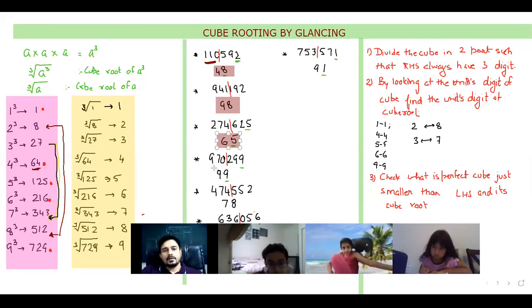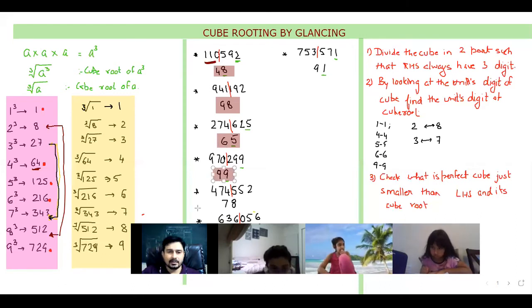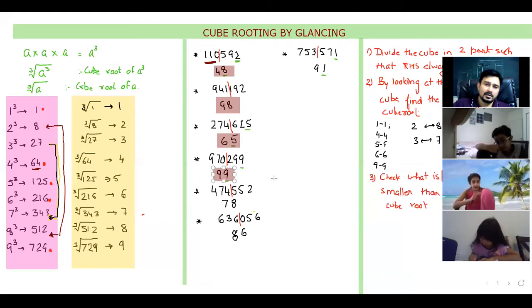So the perfect cube just smaller than 970 is 729, and its cube root is 9. Similarly, the perfect cube just smaller than 474 is 343, and its cube root is 7.